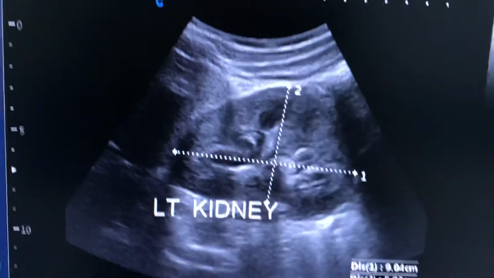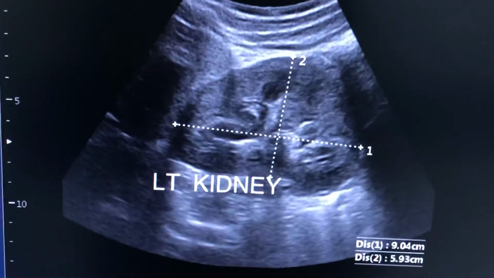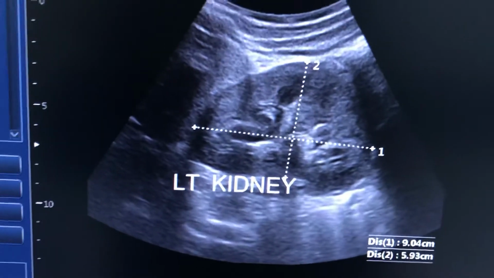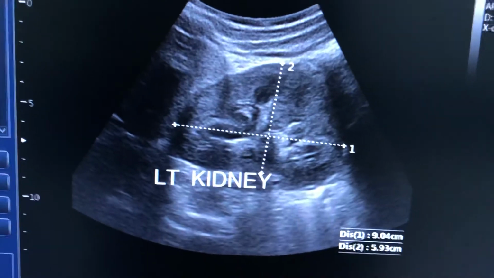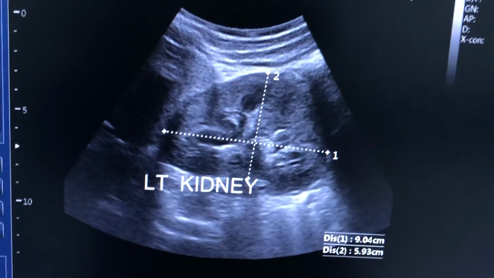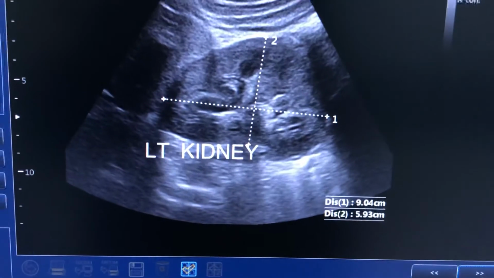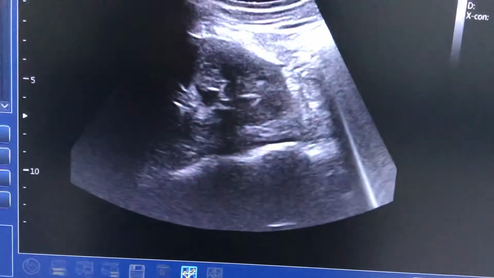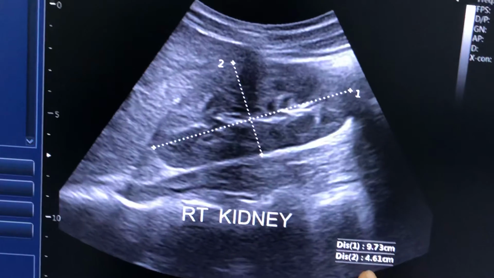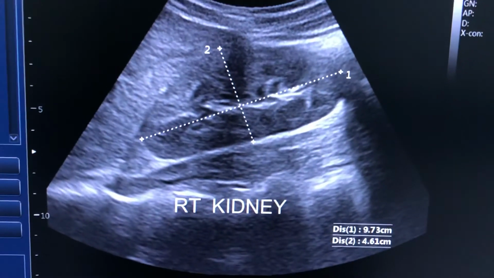This is the left kidney, that was the right kidney of that patient having acute pyelonephritis. You see here the contour is still a little bit more globular, and it is measuring 5.9 centimeter in AP, and here it was 4.6 centimeter in AP.